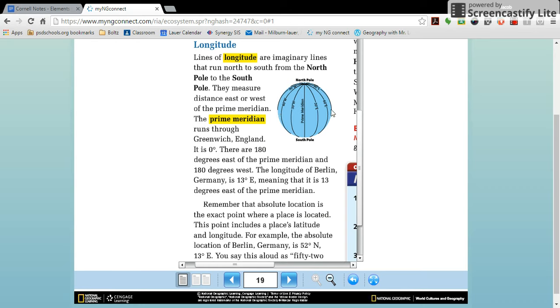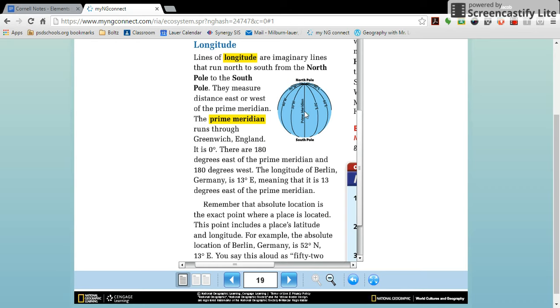Now, if you're confused by this, that's okay. Don't worry. We're going to be going over this in a few different ways to help you understand. But for right now, we know that the longitude of Germany is 13 degrees east, meaning that it is 13 degrees east of the prime meridian.